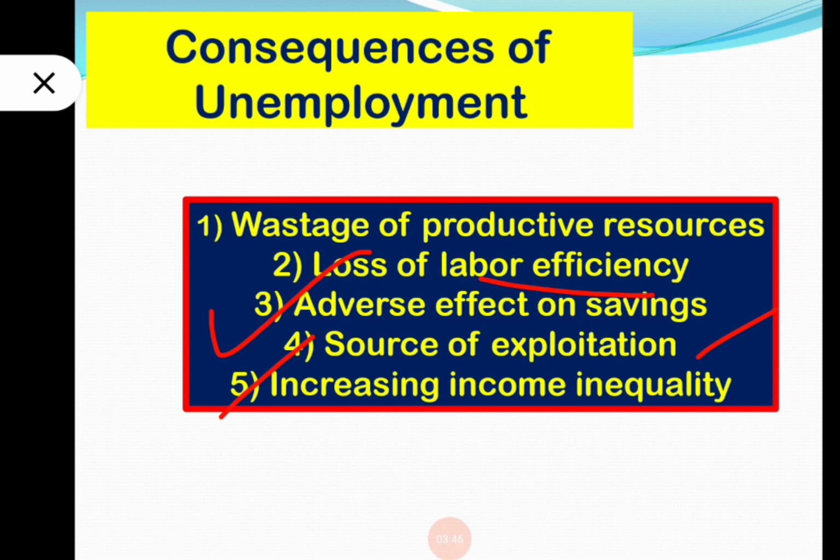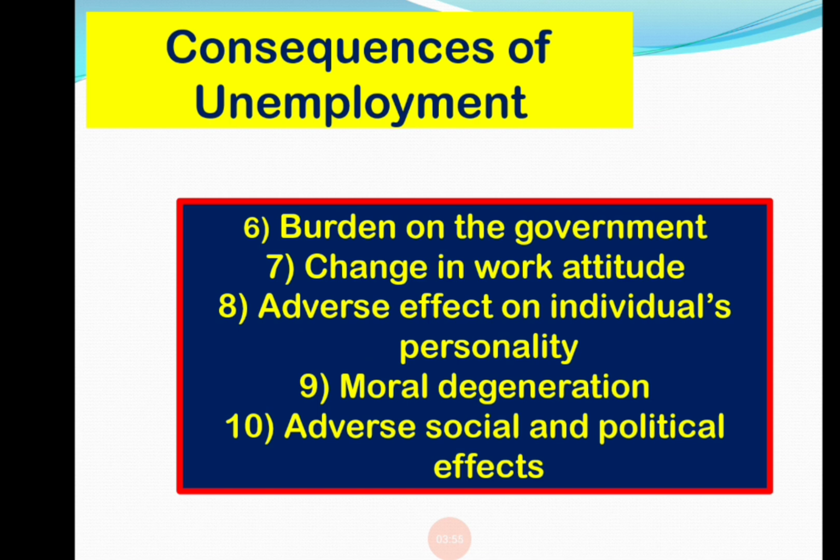Now, going to the next point and moving on to the next slide also. Here we can see our sixth point, that is burden on the government. Obviously, unemployment indicates lower productivity, inequalities of income, exploitation, and it has an adverse effect on savings.